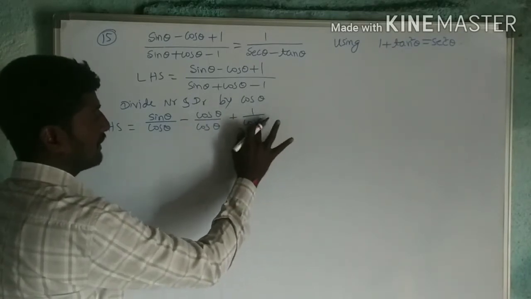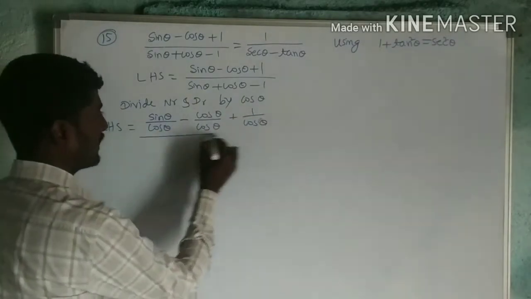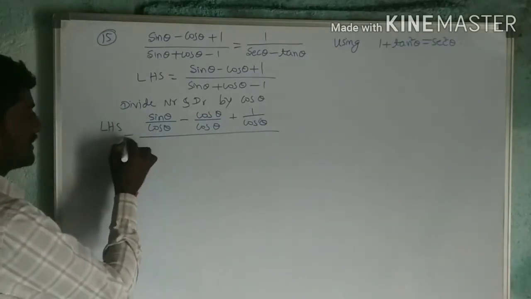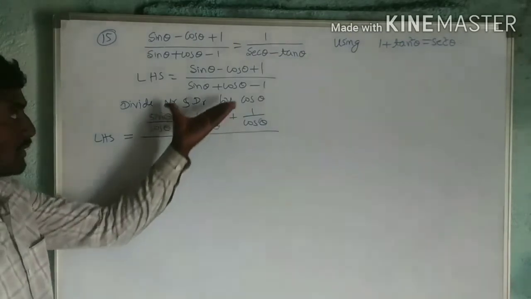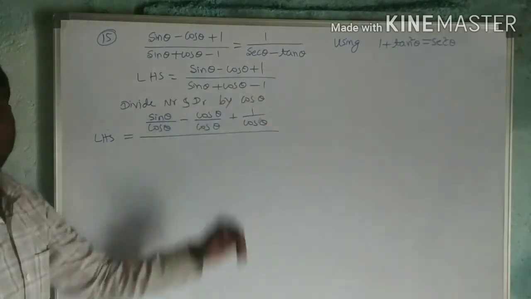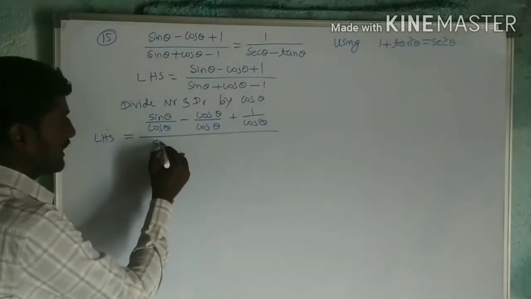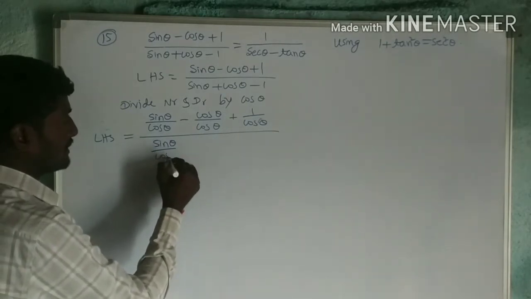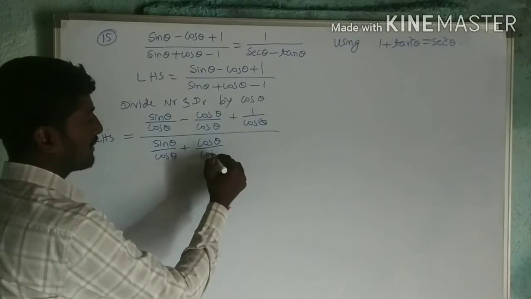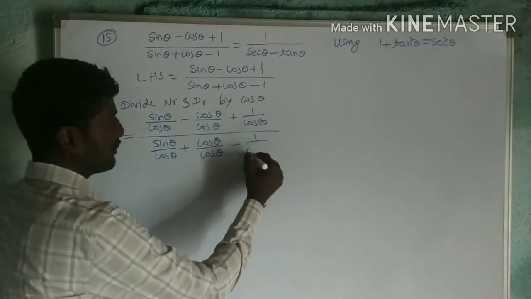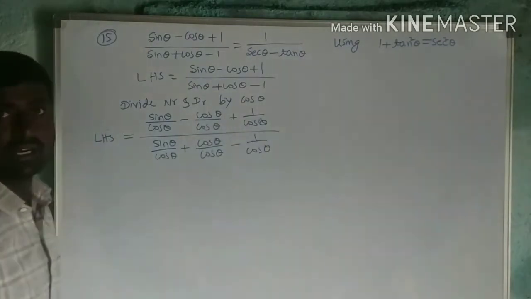Cos theta, 1 divided by cos theta. Okay. Now for the same, we have to divide the denominator by cos theta. So sin theta divided by cos theta plus cos theta divided by cos theta minus 1 divided by cos theta.